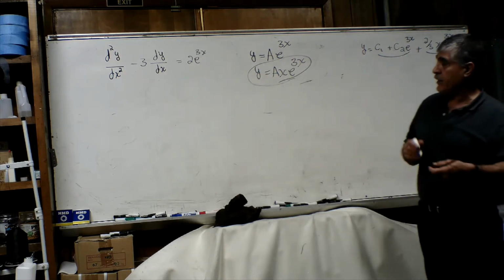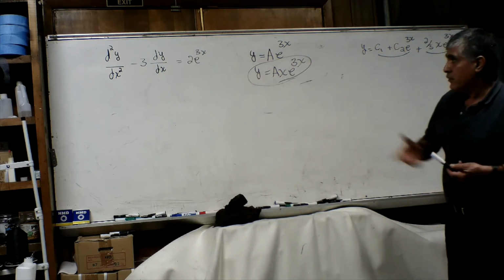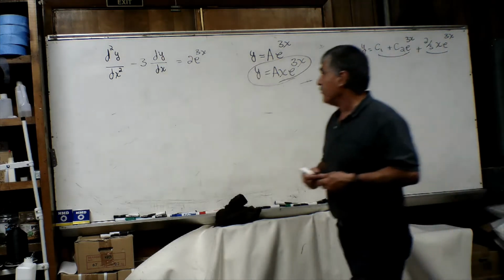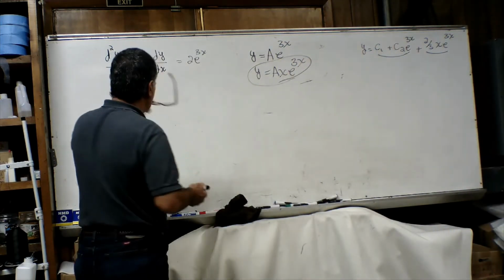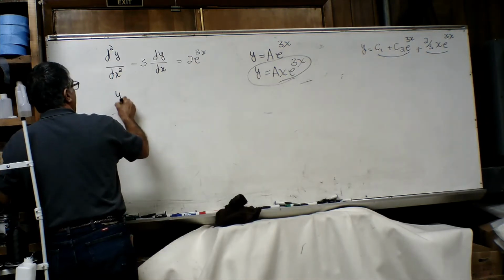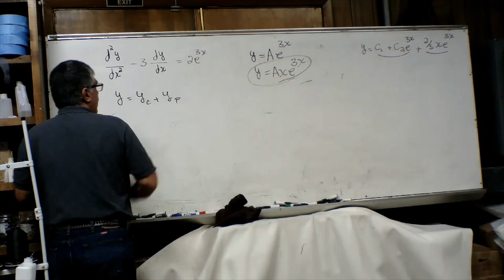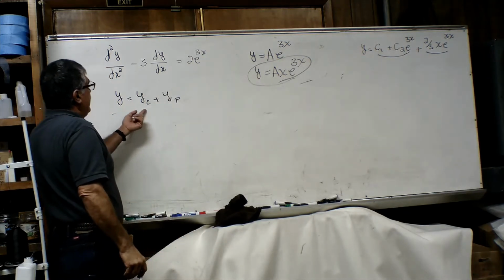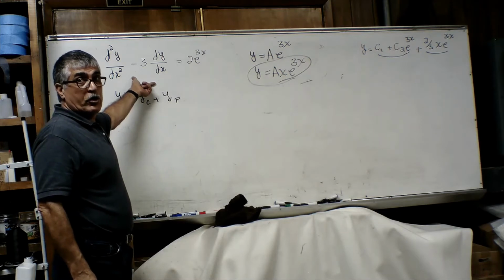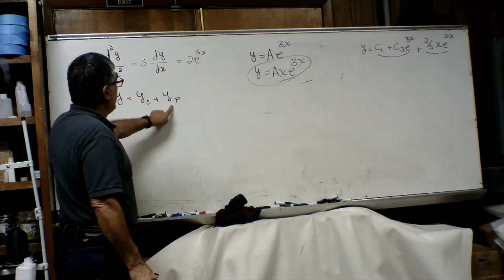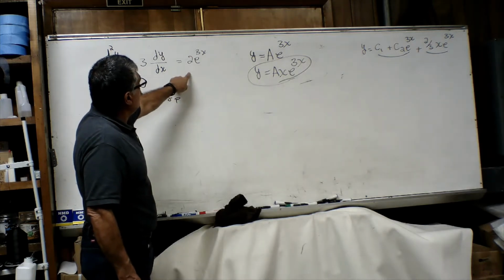Otherwise, this is a very simple equation. So let's go ahead and solve it now that we are here. We know that the solution for this type of equation can be written as yc plus yp, where yc is the solution to the corresponding homogeneous portion of this equation, and yp is the solution to the non-homogeneous portion.